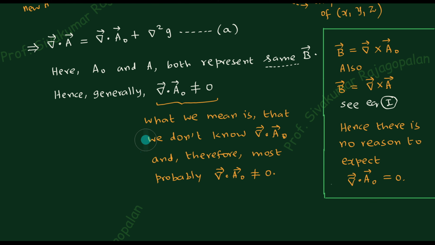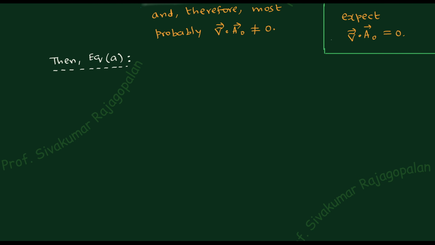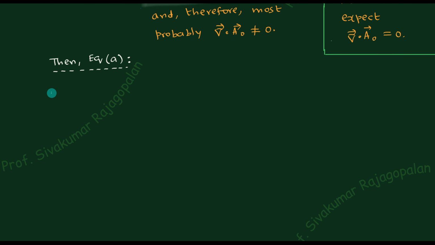Okay, so therefore, once we have this kind of information, then let us again consider the above equation. Above equation means equation A. So let us again write that down, then we'll ask the question what happens. So equation A is what you are going to rewrite once again. So what is equation A?